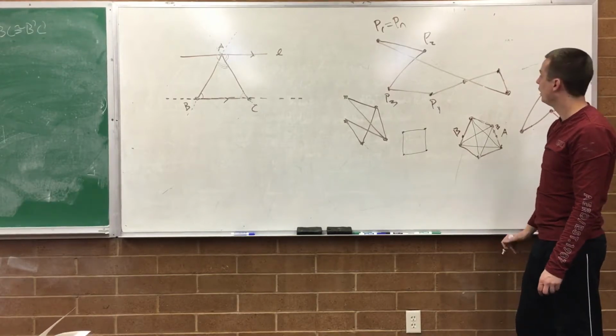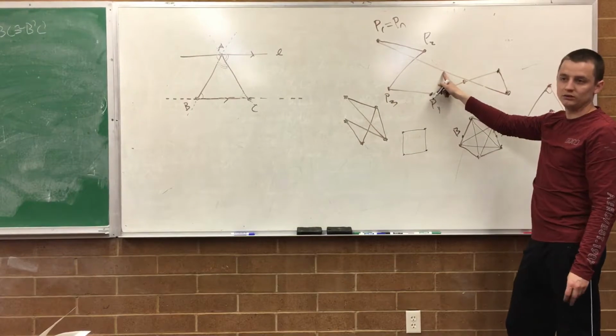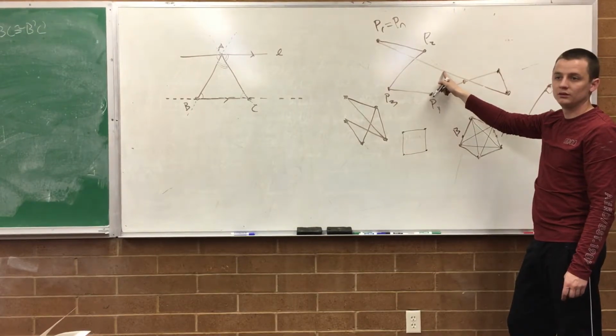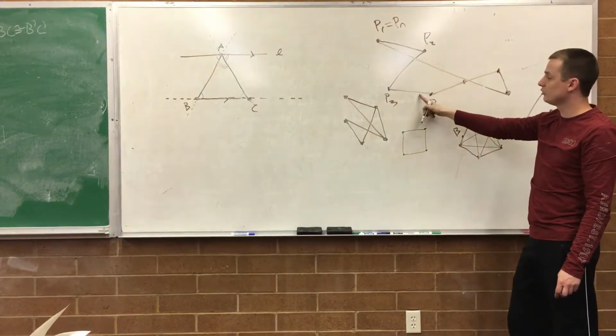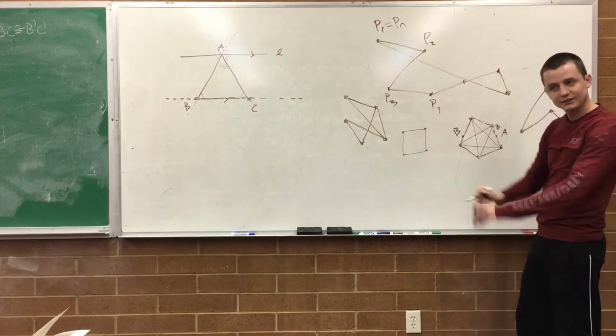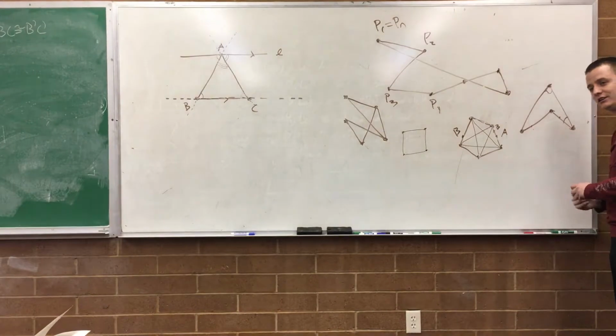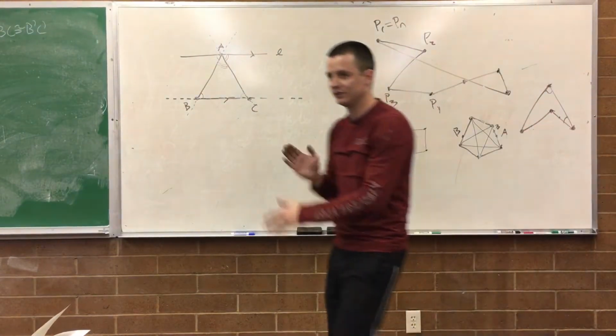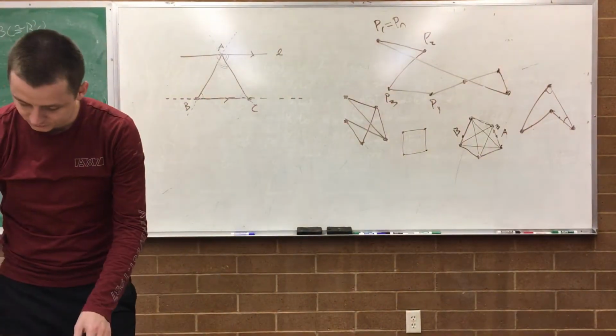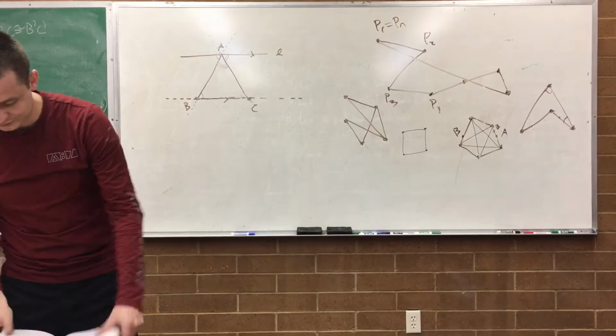Question. How many sides is this side adjacent to? 2. Every side is always adjacent to just 2 sides. Good. You didn't let his noise change your answer. That was good. You used your brain instead.